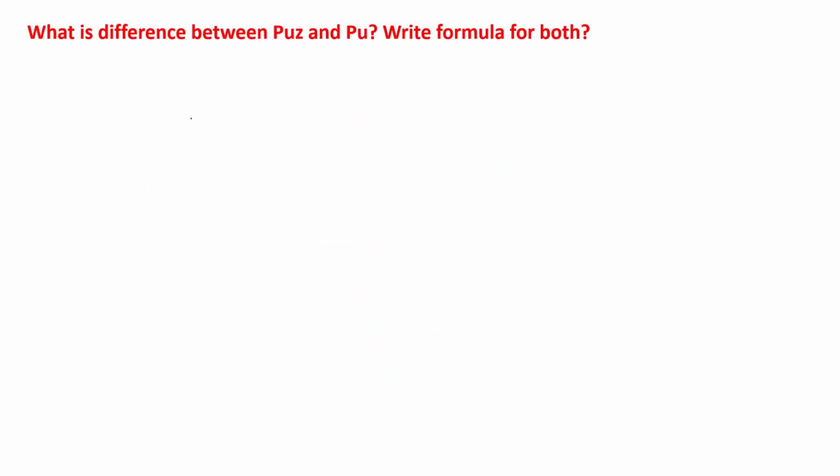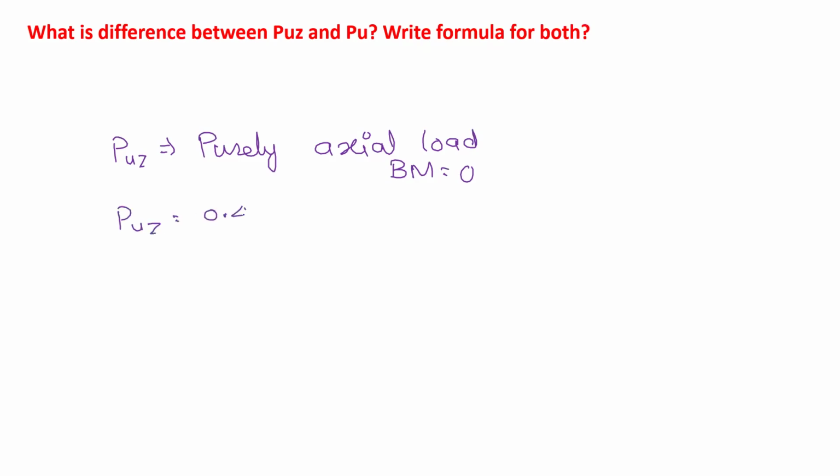Now, what is the difference between PUZ and PU? PUZ is purely axial load, which means the bending moment is zero. The formula for PUZ is 0.45 fck Ac plus 0.75 fy Asc.